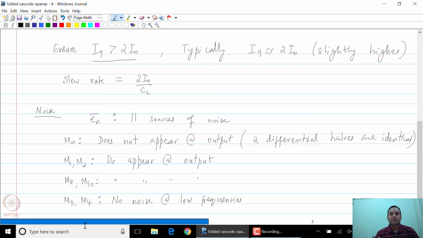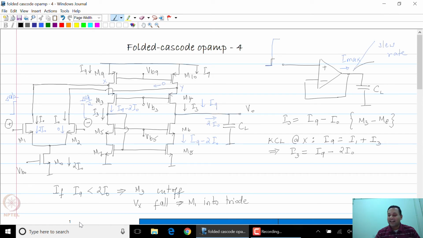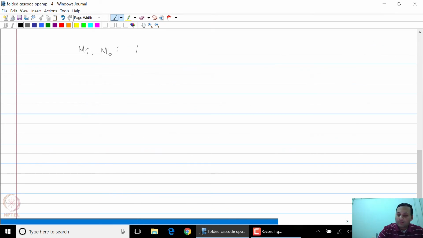For both of these transistors, you will see the same effect at high frequencies. Similarly, transistors M5 and M6 will not have any noise at low frequencies because these are cascode devices. And M7 and M8 will produce noise.